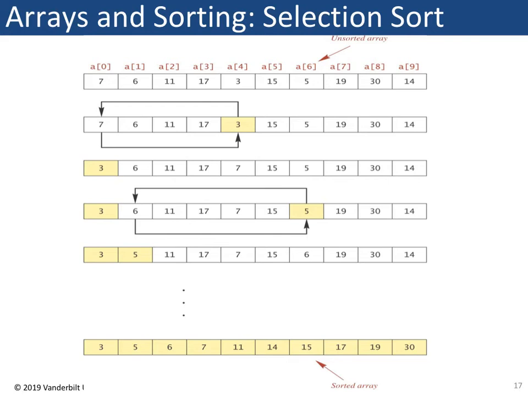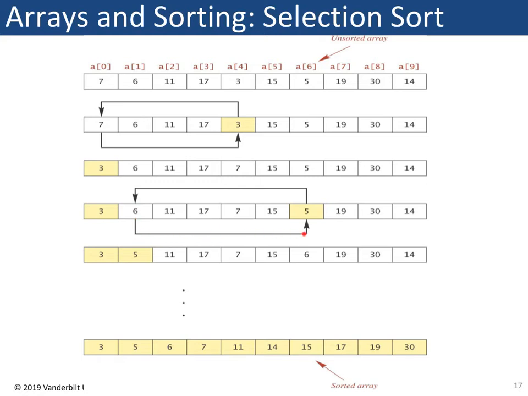Now, we need to look for the next smallest value. This is locked. It doesn't change. So in the remaining array, we look for the next smallest value. 6, 11, 17, 7, 15, 5, 19, 30, 14. So we had to pass down the array again. 5 is the smallest value. We're going to swap 5 into element 1.